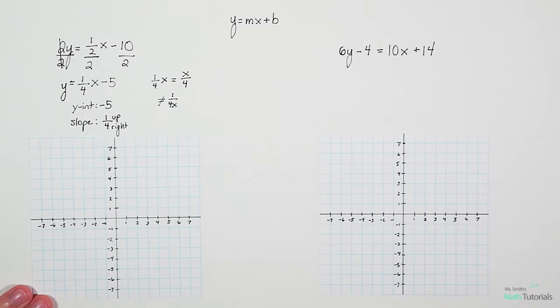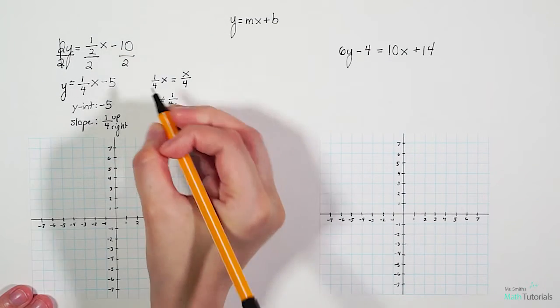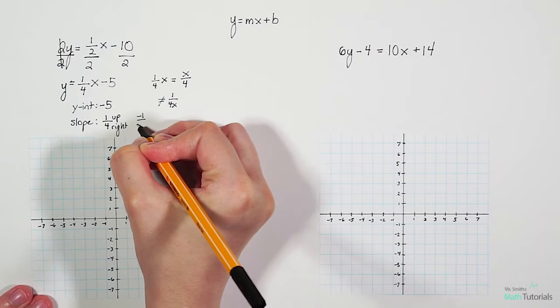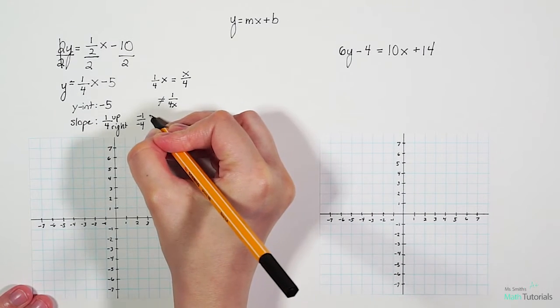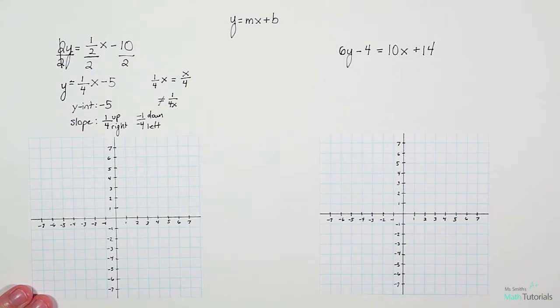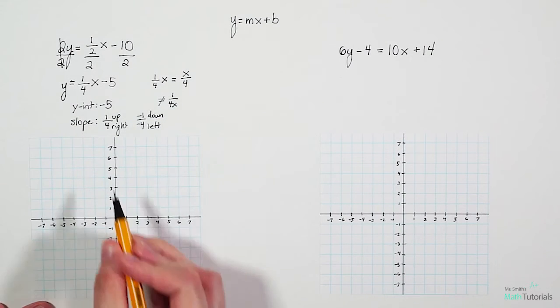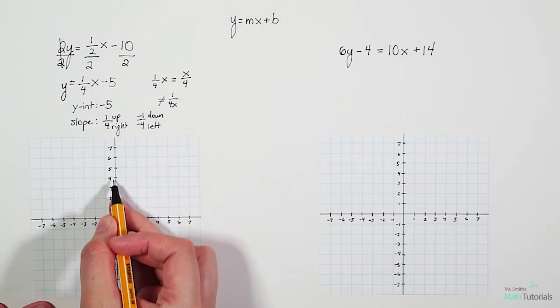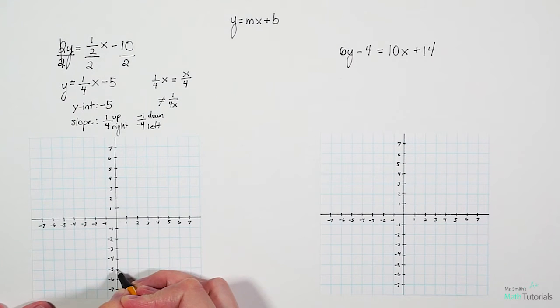And let's go ahead and write our alternative way of moving as well. We could have a -1 over -4, which would be down 1 and left 4. Let's go ahead and graph this. So our y-intercept is -5, so we want to find -5 on our y-axis, right here.